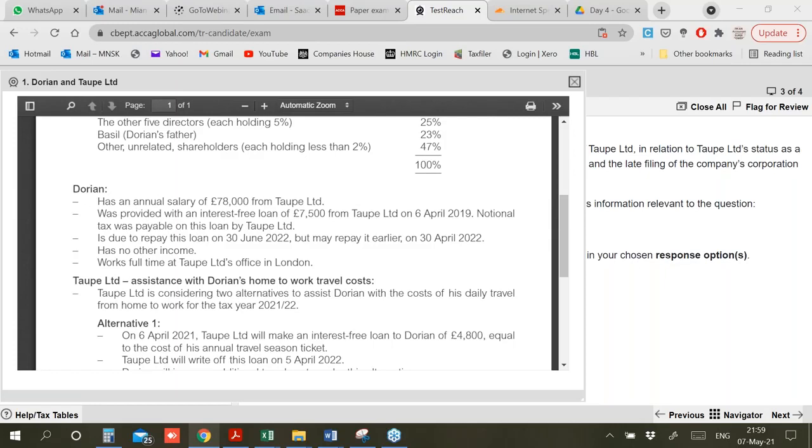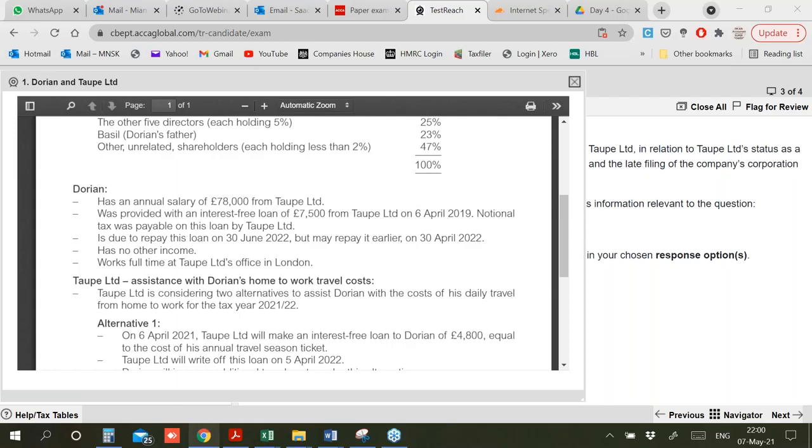However, even this notional tax can be avoided by the company if the director and shareholder has a shareholding of less than 5%, first condition, and the loan provided to him is less than £15,000. If these two conditions are fulfilled, the company does not have to submit notional tax to HMRC.